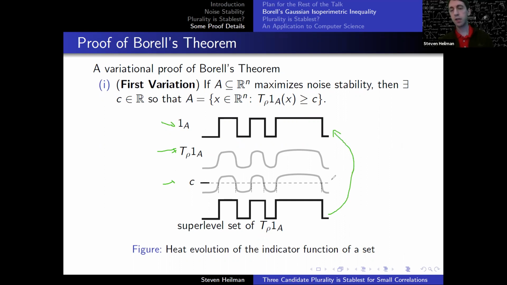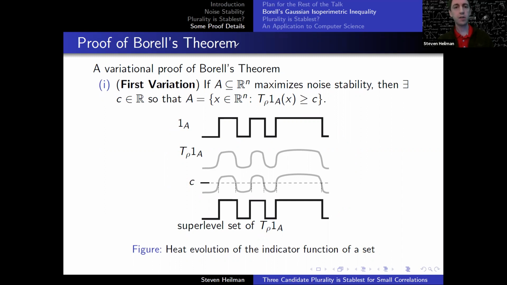This is what the first variation condition tells you. In this picture, that's probably not going to be true actually, but the cartoon version is saying that it's supposed to be true. Okay. So that's step one.